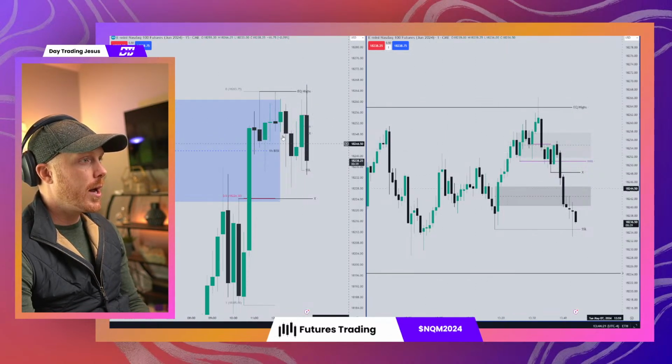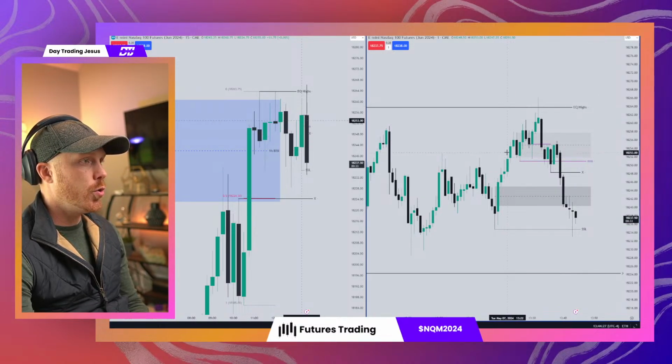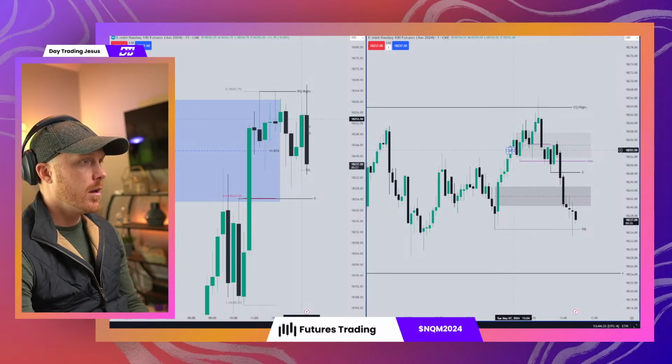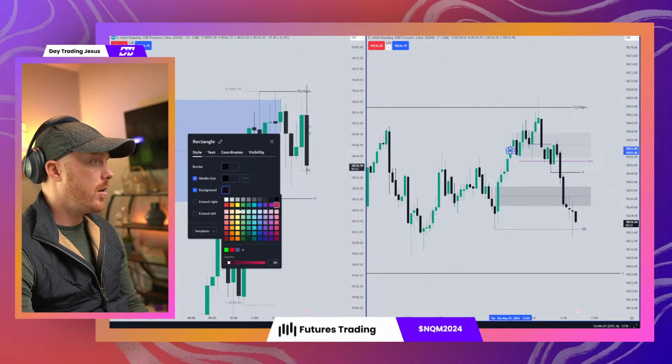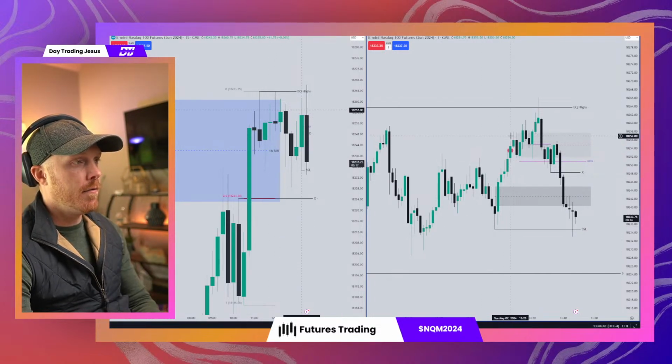But what I really like to see is a fair value gap to the left of the breaker.